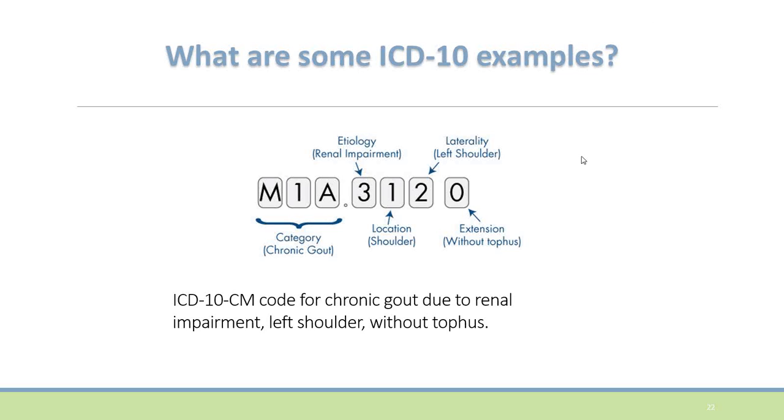So right here we have our ICD-10. This is chronic gout. We start off with M1A3120. All right, so this code actually is for chronic gout due to renal impairment, left shoulder, without tophus.